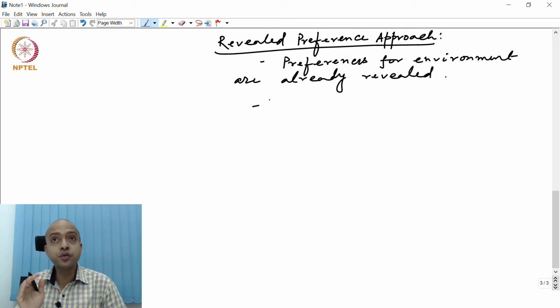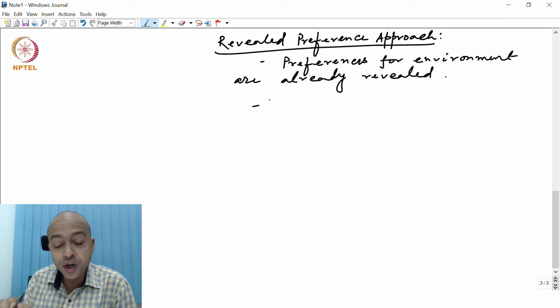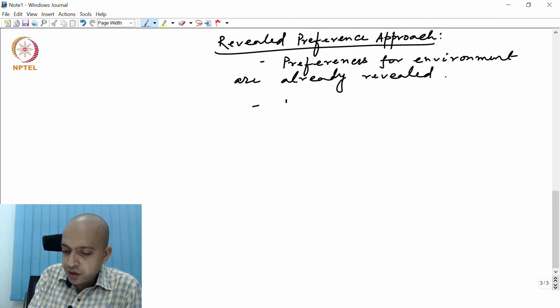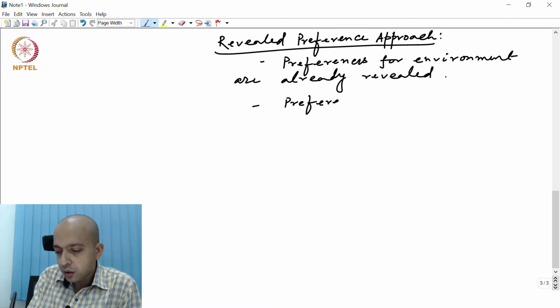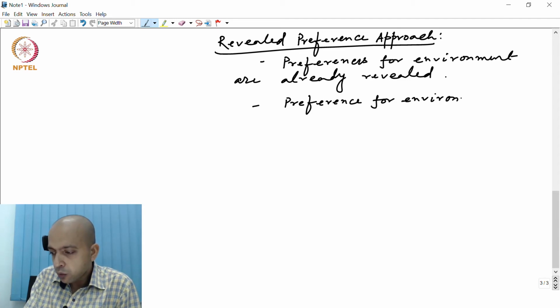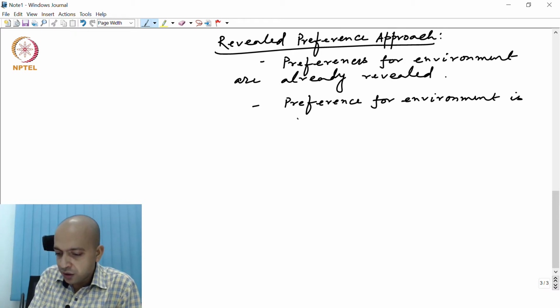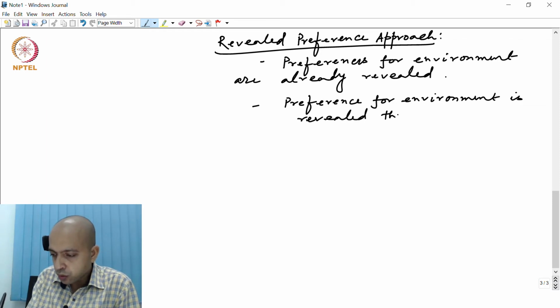Yes, it is possible for them to reveal their preference for environment through related market. This is something very important we need to understand. So preference for environment is revealed through related market.